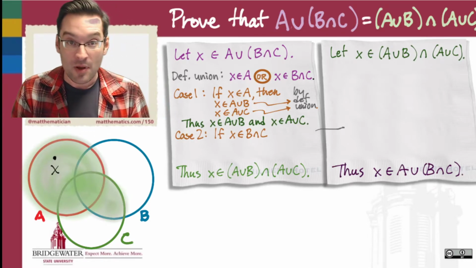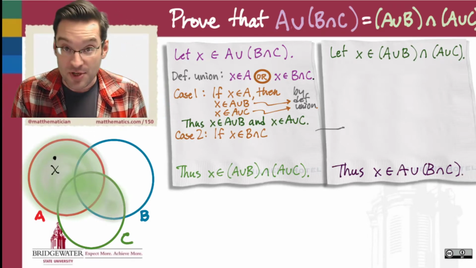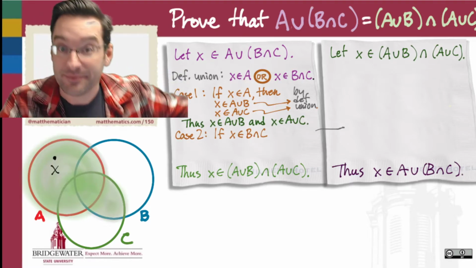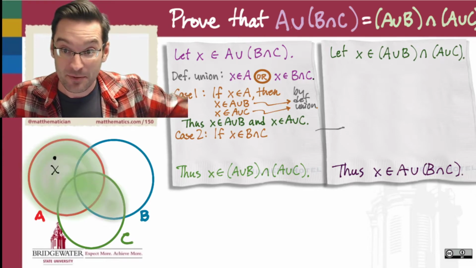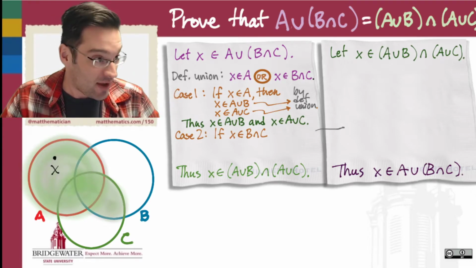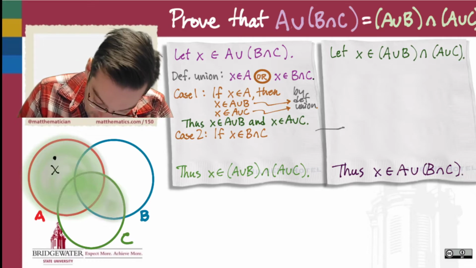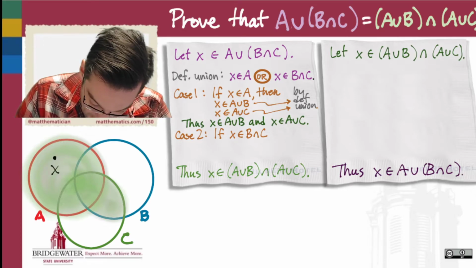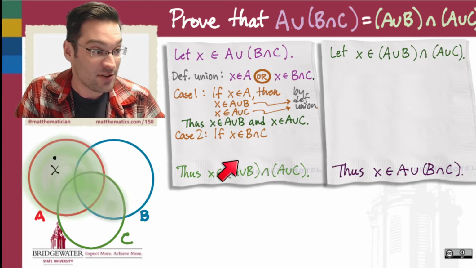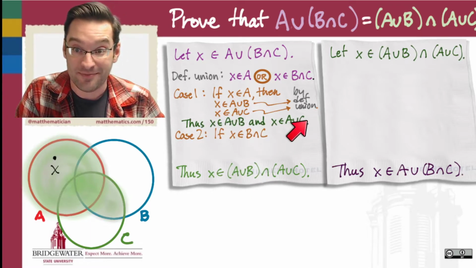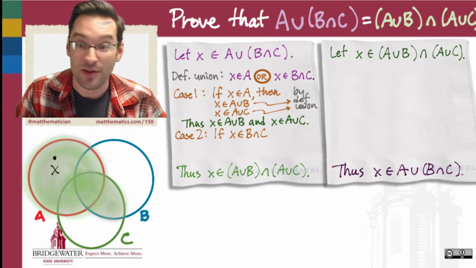Any element of A will automatically get membership in A union anything. It doesn't matter what comes after that union. If I belong to A, I belong to the union, right? So thus, X belongs to the union of A with B, and X belongs to the union of A with C. And so, by definition of intersection, X belongs to the intersection of A union B with A union C. Right? And so case 1 is disposed of.